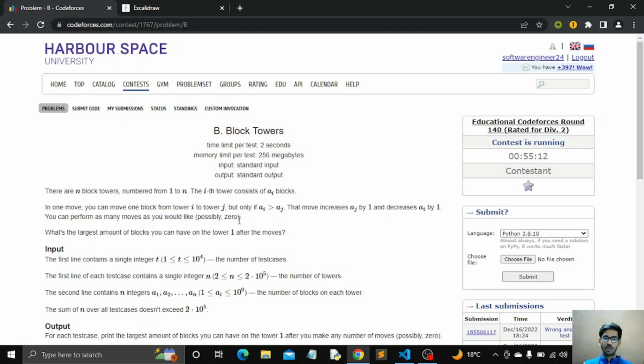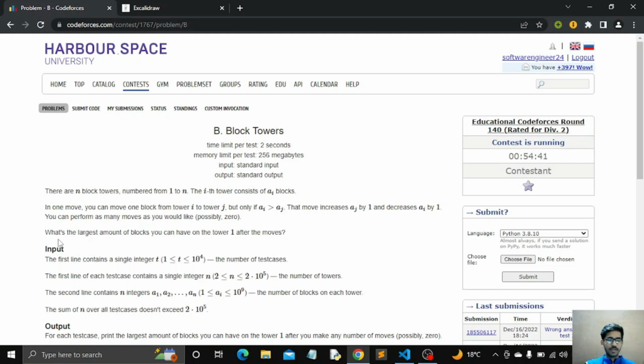After performing this move once, the height of tower j will increase by 1 and the height of tower i will decrease by 1, because we transferred one block from tower i to tower j. We can perform these moves as many times as we want.